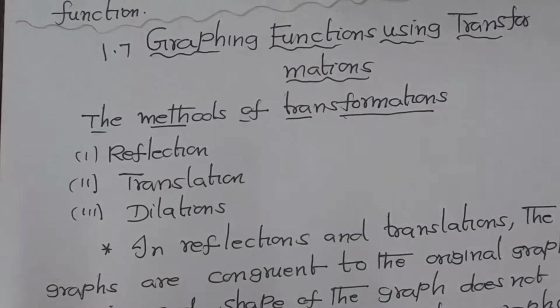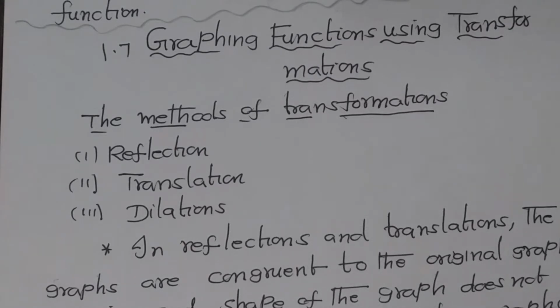But in this graphing of functions and transformations, without taking x and y values, you can follow certain techniques to draw the graphs by using the given graph. So now what are the methods of transformations? We will discuss that method one by one, and we'll see some examples related to this method.